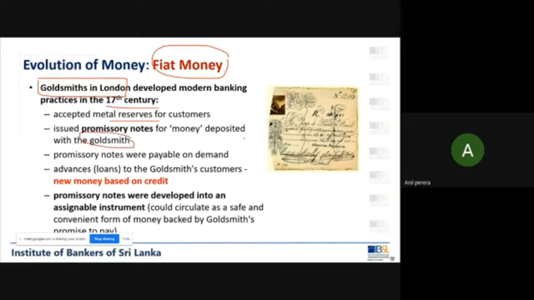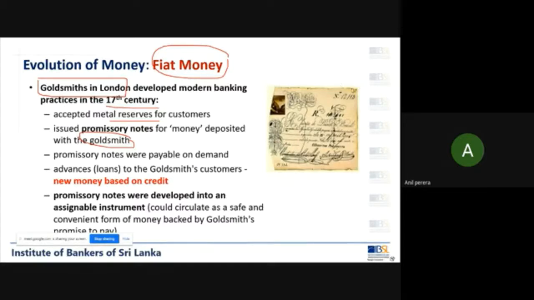So a goldsmith is like some people in Sri Lanka. We have pawnbrokers, right? They accept gold and give you some money. Likewise in the UK, these goldsmiths accepted gold coins and issued a promissory note. So here we have a sample of this promissory note.